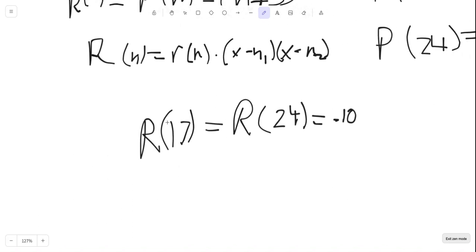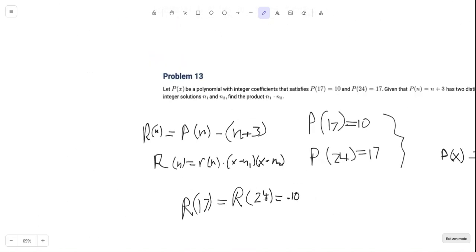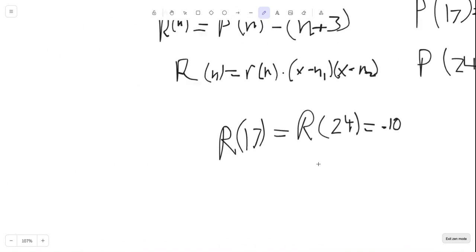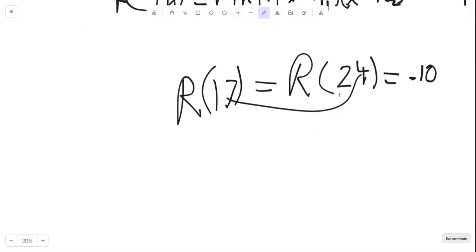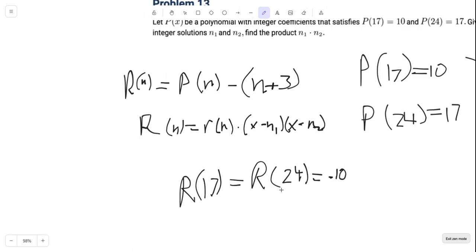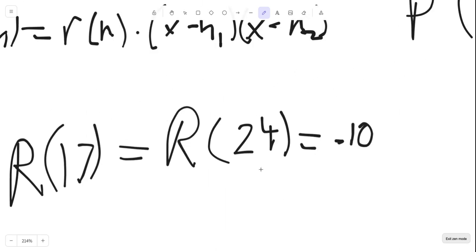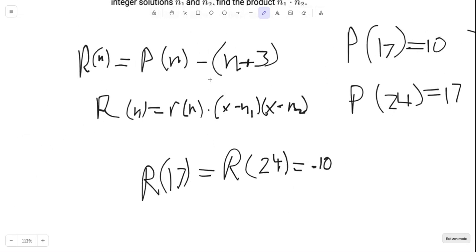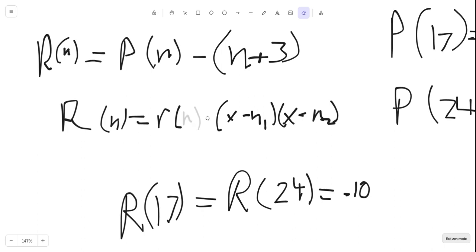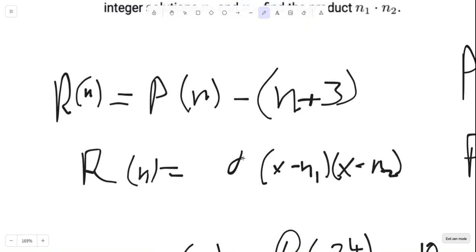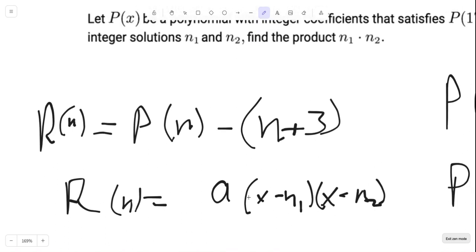But this fact right here shows that these two are symmetric about the line of symmetry of the roots. These two are symmetric about the average of the roots if they have the same value. Because if you ignore r of n for now, maybe it would be a good idea to guess it's a quadratic.